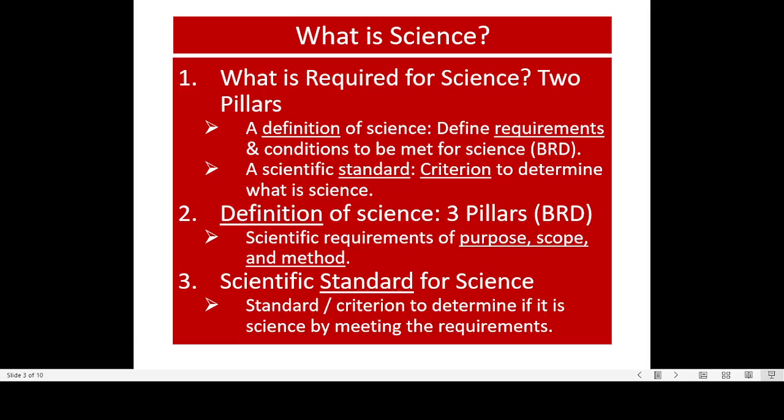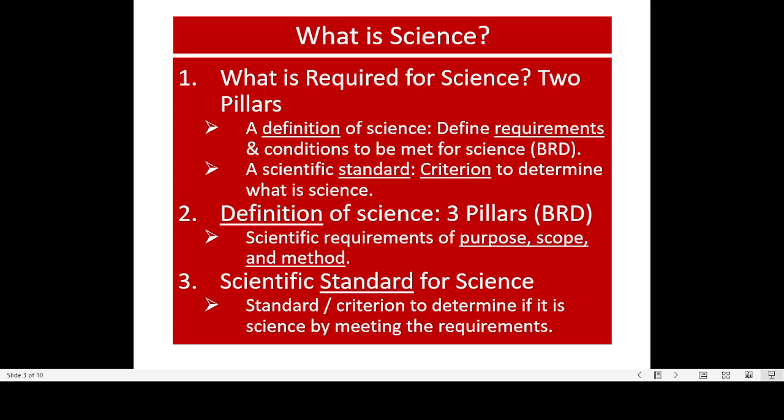For the definition of science, there are three pieces that are important for the requirements. The first one is purpose. What's the purpose of science? Did anyone ever ask yourself, what's the purpose of science? It's the most important question for anything to be science. Second, scope of science.